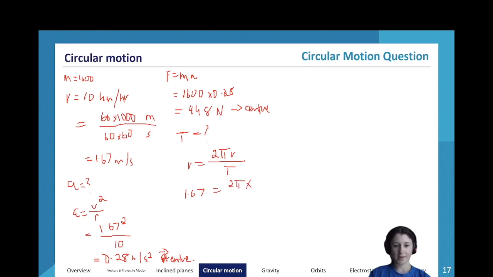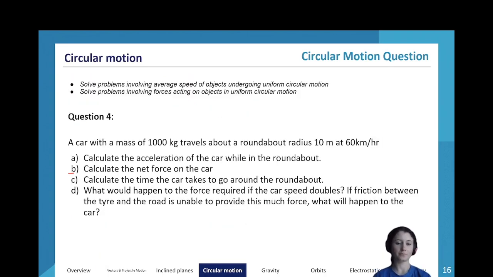Our radius is 10. And we can solve for t from here. This gives us 37.62 seconds. So that is how long it would take for the car to go around the roundabout.